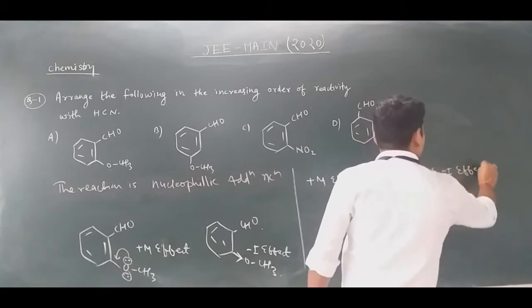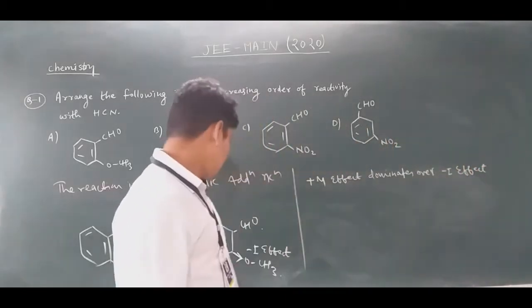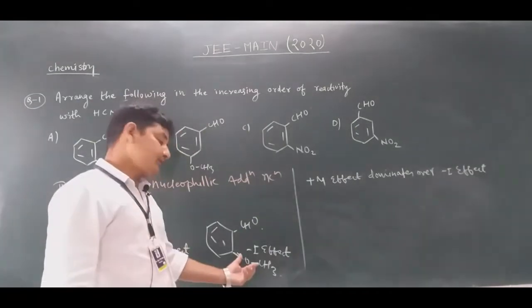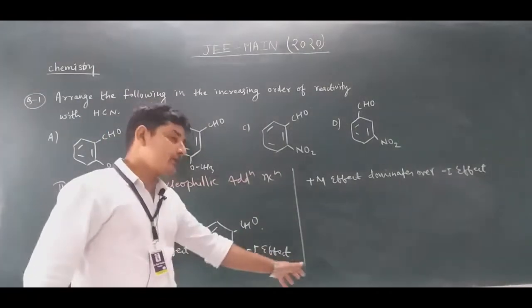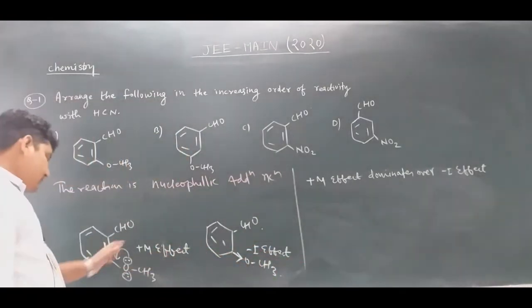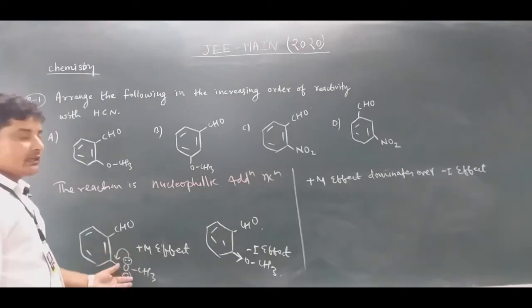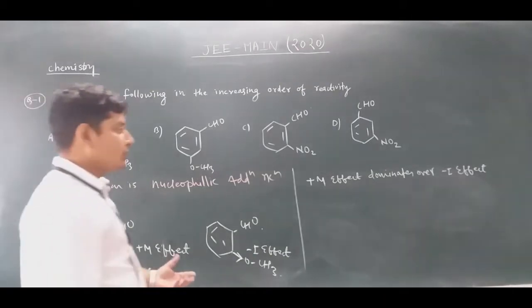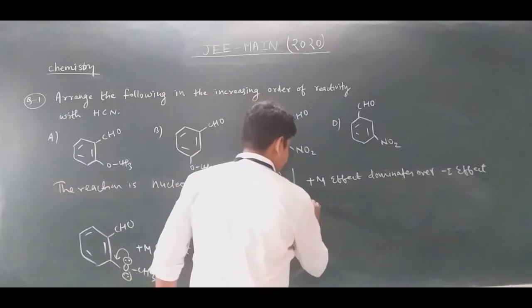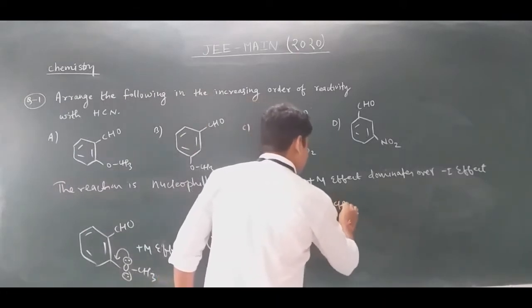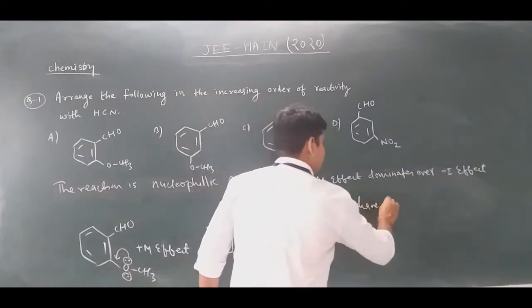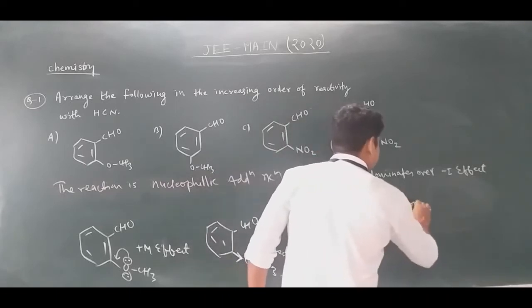OCH3 has two different effects: one is the electron withdrawing effect and the other is the electron giving effect, the plus M effect. So the overall effect is that OCH3 has electron donating ability.